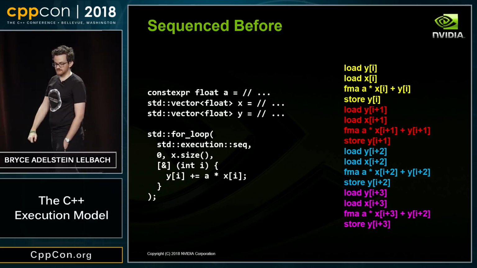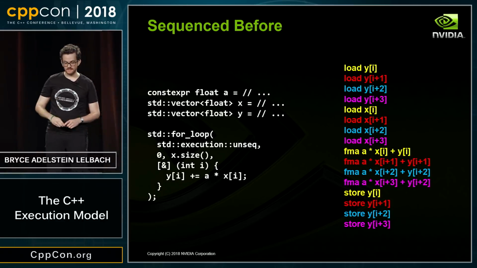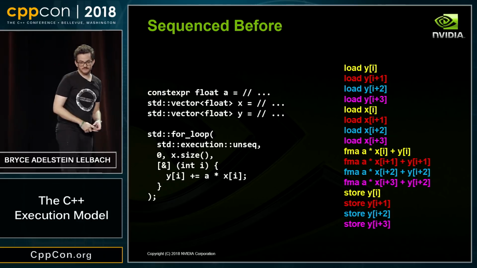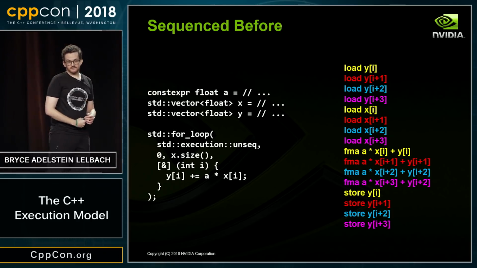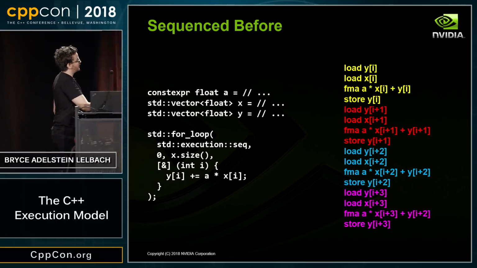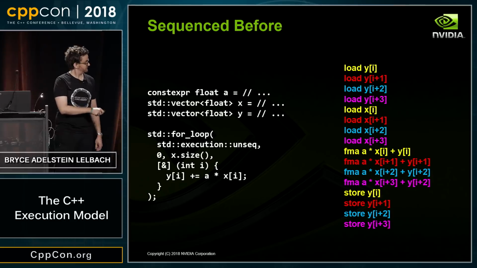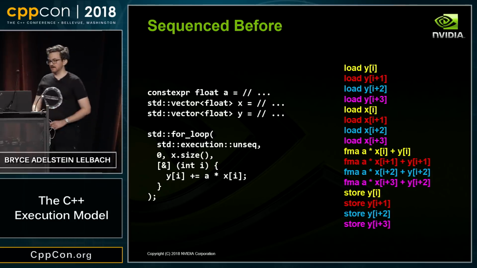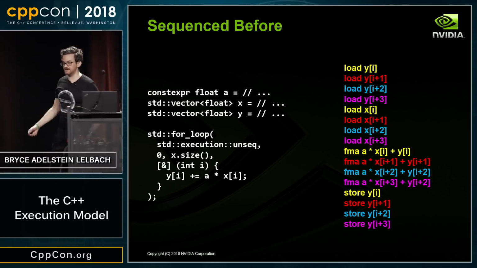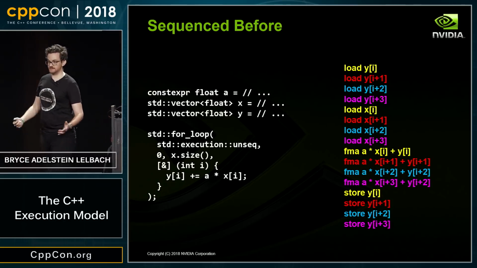Now, if we change that execution policy from std::execution::seq to std::execution::unseq, the compiler is allowed to do this. That is, interleave different iterations. So what I've done is I've taken all of the loads of y and put them together, all of the loads of x and put them together, et cetera. And one reason you might want to do this is that then, instead of doing 4 scalar loads, I could do 1 SIMD or vector load here.